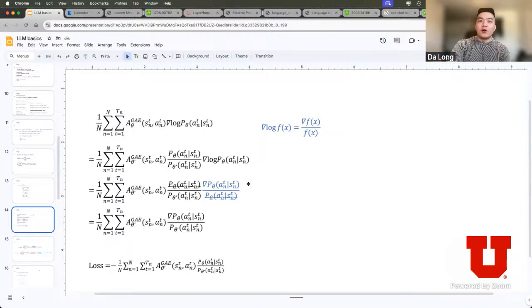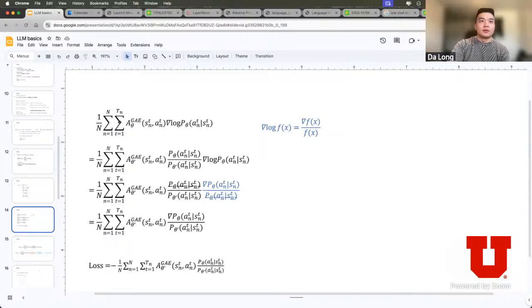If you do off-policy learning, you can get the data from the reference model, and then train on that data multiple times to update your model. So this is the advantage of importance sampling.